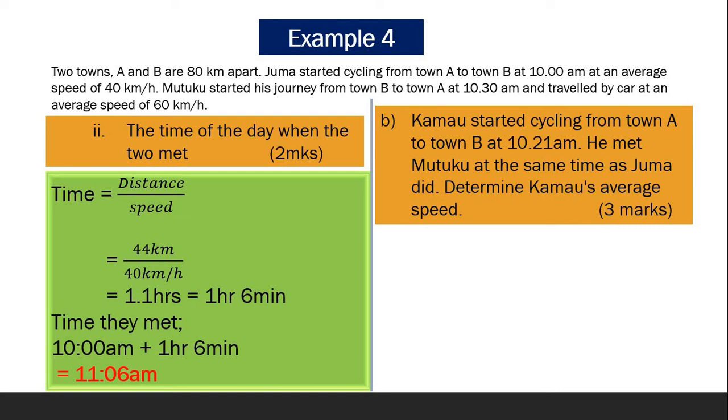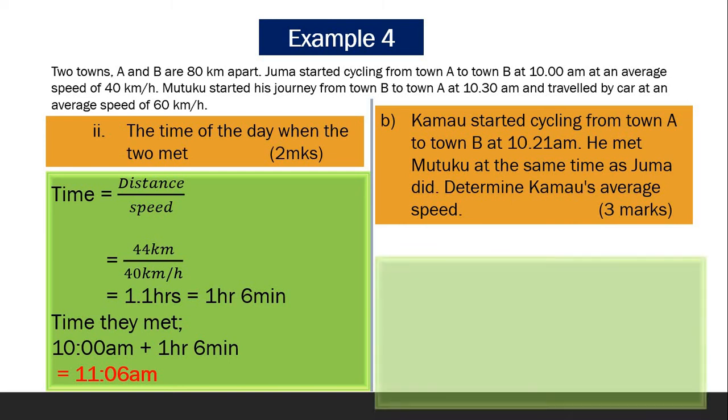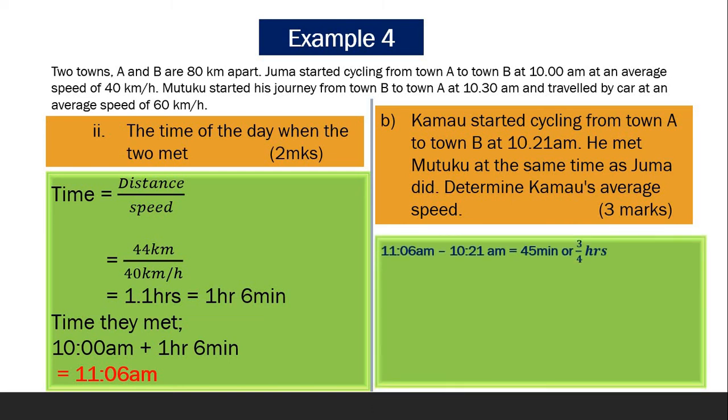Now, let's go to B. Kamau started cycling from town A to town B at 10:21 a.m. He met Mutuku at the same time as Juma did. Determine Kamau's average speed. So, 11:06 a.m. minus 10:21 a.m. should give us the time taken by Kamau.